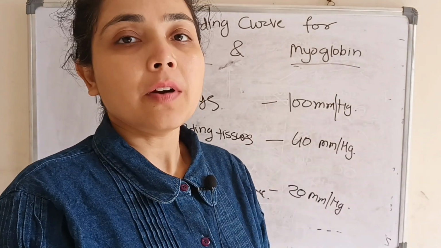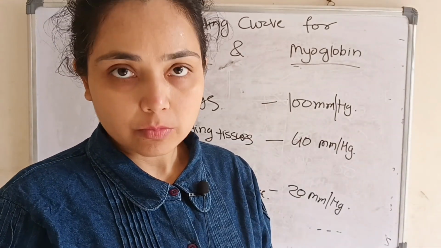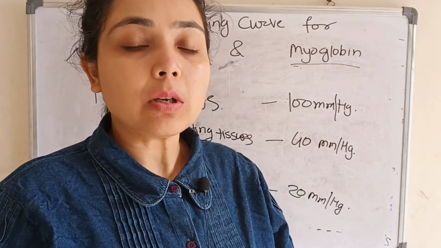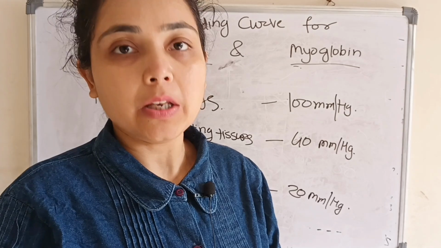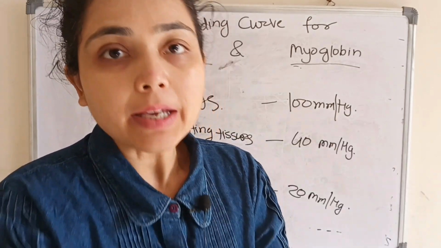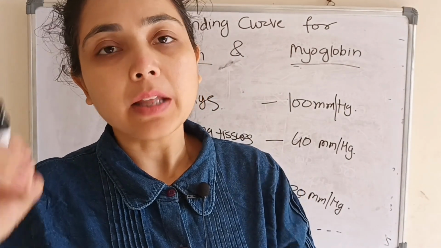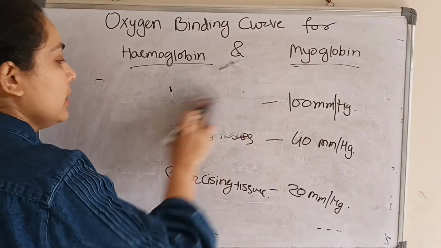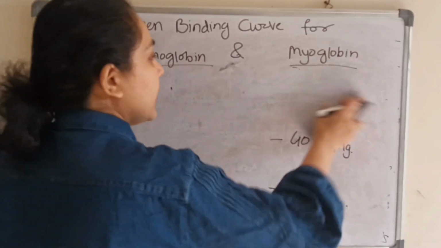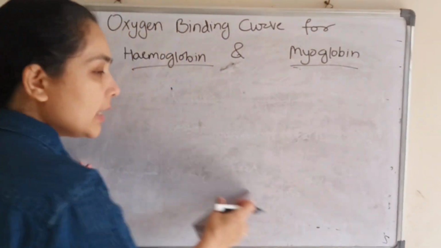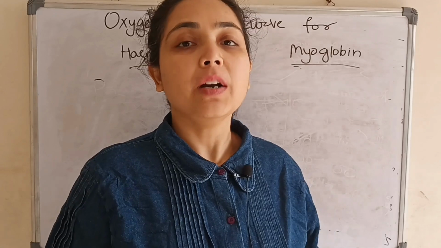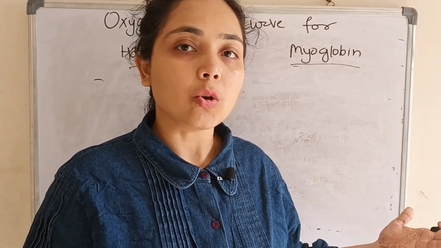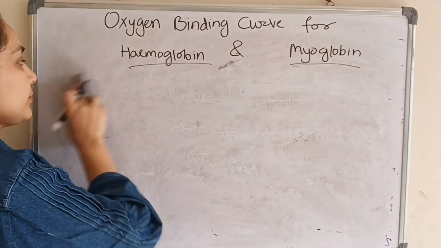So this will favor the loading and the unloading of oxygen from hemoglobin. But when the case is even more demanding, when enough oxygen is not there, in that case myoglobin will come into action, and that stored oxygen will then be supplied. First we understand why hemoglobin is a more preferred transporter or carrier of oxygen over the myoglobin by using these values.